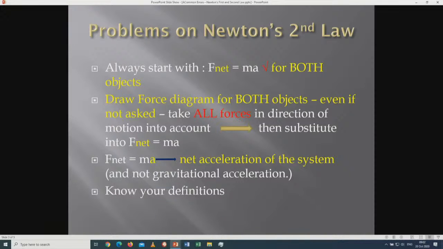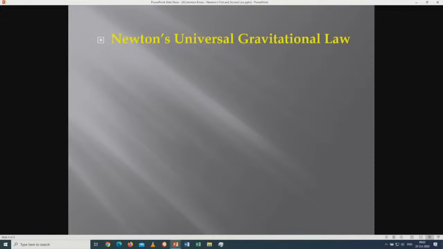And again, now your key definitions in this regard. We have discussed Newton's first and second laws, and those are maybe the two most important laws regarding forces and the movement of a body according to that force, accelerating or moving at a constant velocity. I'll come back to Newton's third law. First, Newton's universal gravitational law.